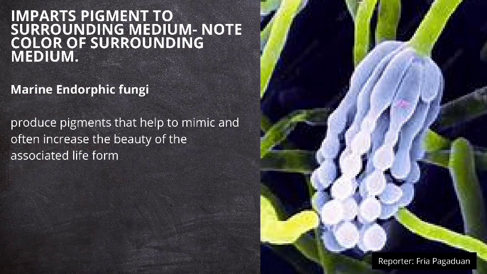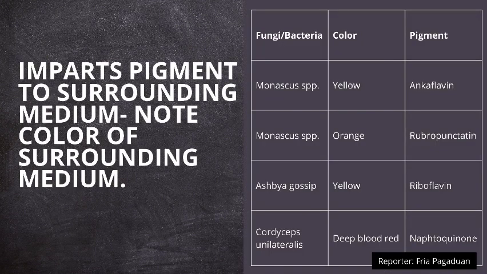Here are examples of fungi, color, and pigment. Under fungi, we have Monascus species for the color yellow and the pigment ankaflavin. And number 2, we also have Monascus species, orange, and rubropunctatin, and so on.